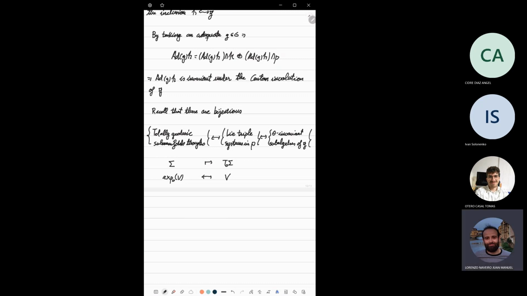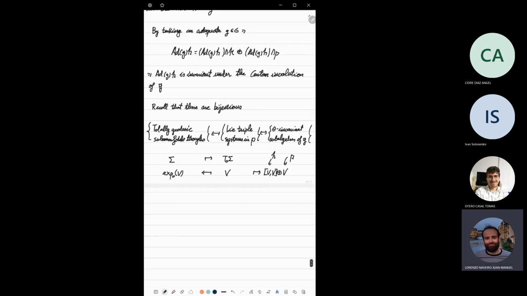And now we can also go in the other way. From a Lie triple system, we can construct a theta invariant subalgebra by taking the smallest subalgebra of g that contains V. And this is precisely V plus its bracket with itself, where this left-hand side is in k and this right-hand side is in p.